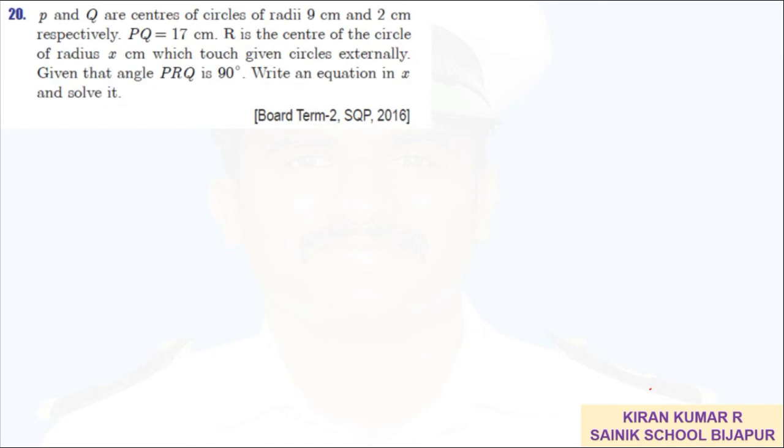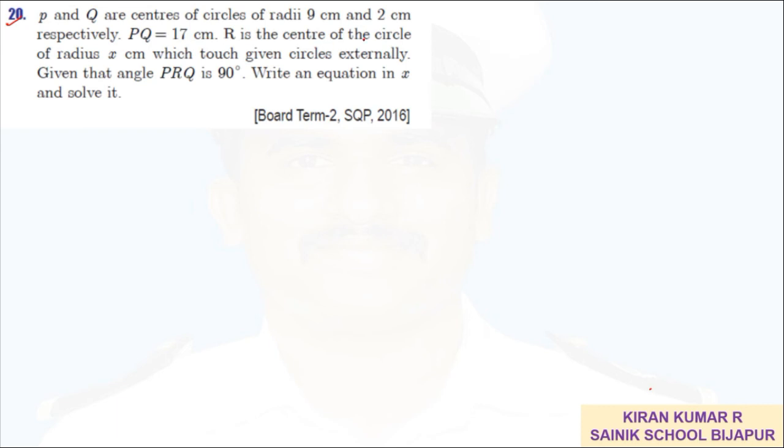Look at this question number 20. P and Q are centers of circles of radii 9 cm and 2 cm respectively. PQ equal to 17 cm.